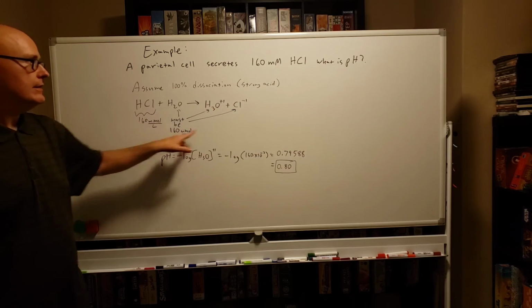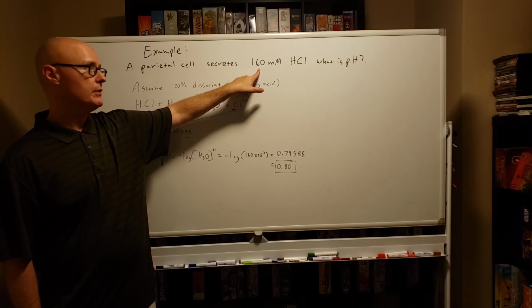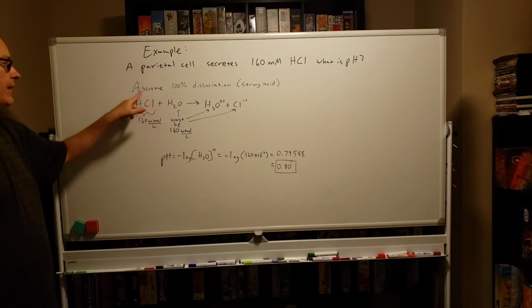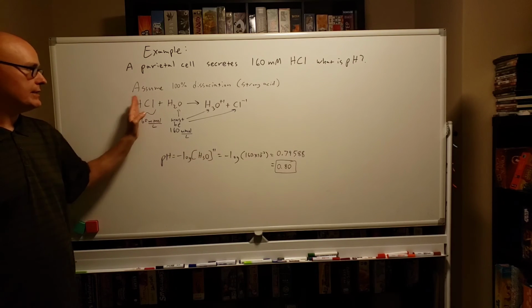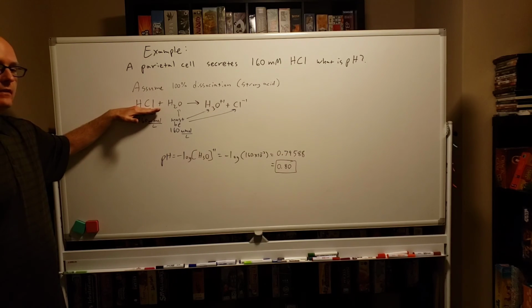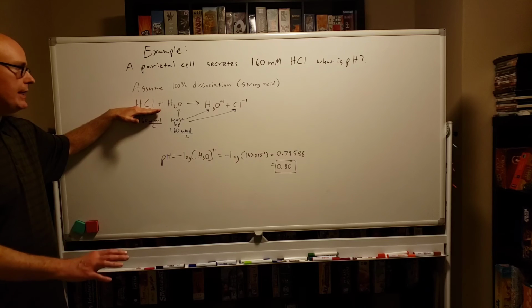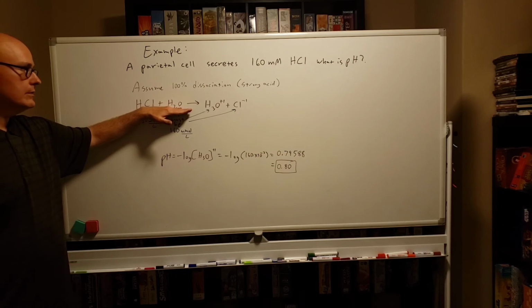I was given 160 millimoles per liter of hydrochloric acid. In order for this to balance, for every hydrochloric acid molecule that dissociates, I must have exactly 1 water molecule.